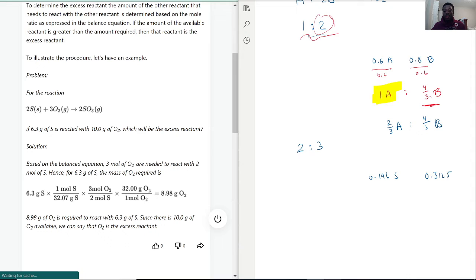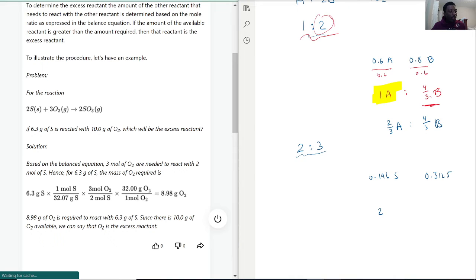And as we said, we divide by the lowest number to see at least what it is. And in this case, after we divide by the lowest number, we'll multiply by 2 to compare with the original mole ratio here. So we have 0.196 divided by itself times 2, and we get 2.